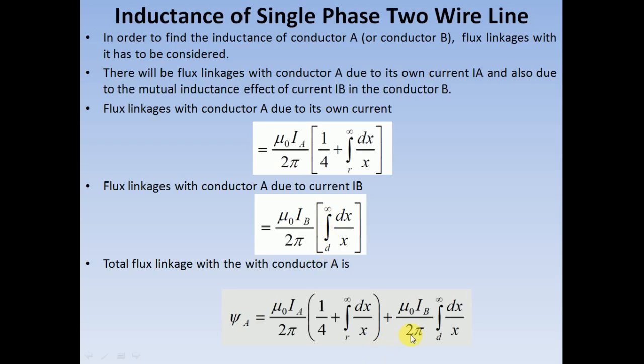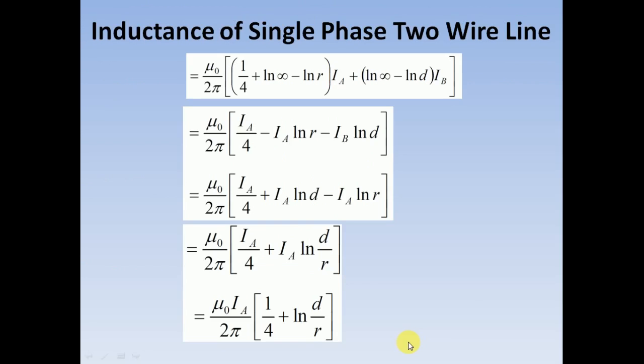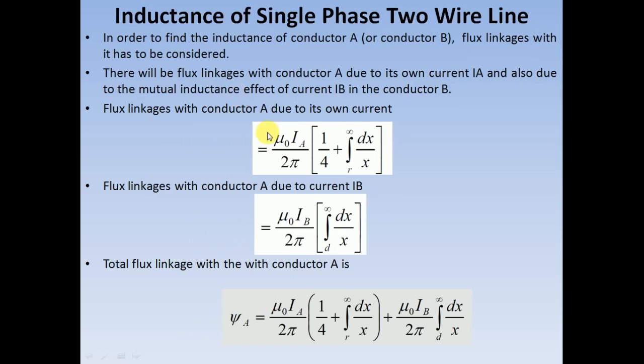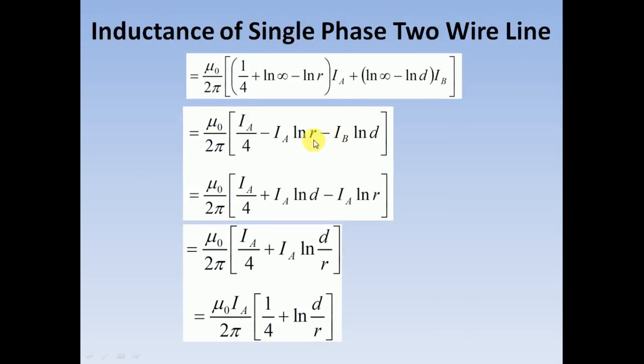So we have obtained the relation for total flux linkage associated with conductor A. In the next step, we have solved the integration. While solving this, we will get the value as natural log of infinity by R, and from the other term, natural log of infinity by D. From both these terms, we can take mu 0 by 2 pi as common.